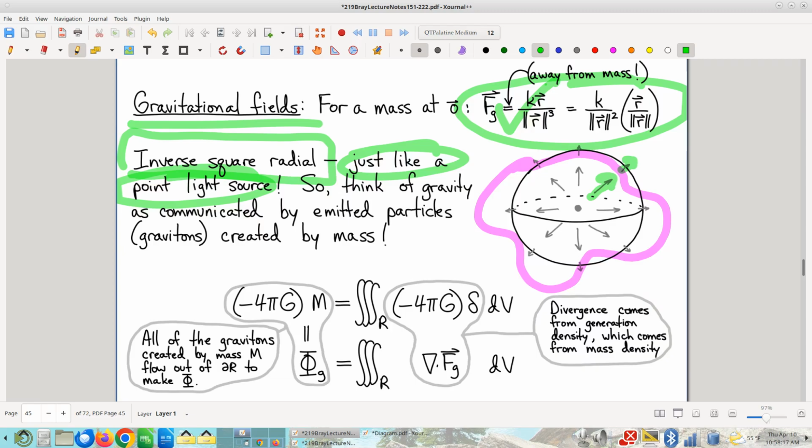I'm going to pretend that when mass creates a gravitational field, it's kind of like a light bulb. Here's again a little point mass. It creates a radially inverse square gravitational field surrounding it. I'm going to pretend that it's actually a little bitty light bulb that's shooting out a flow of a fluid, kind of like photons.